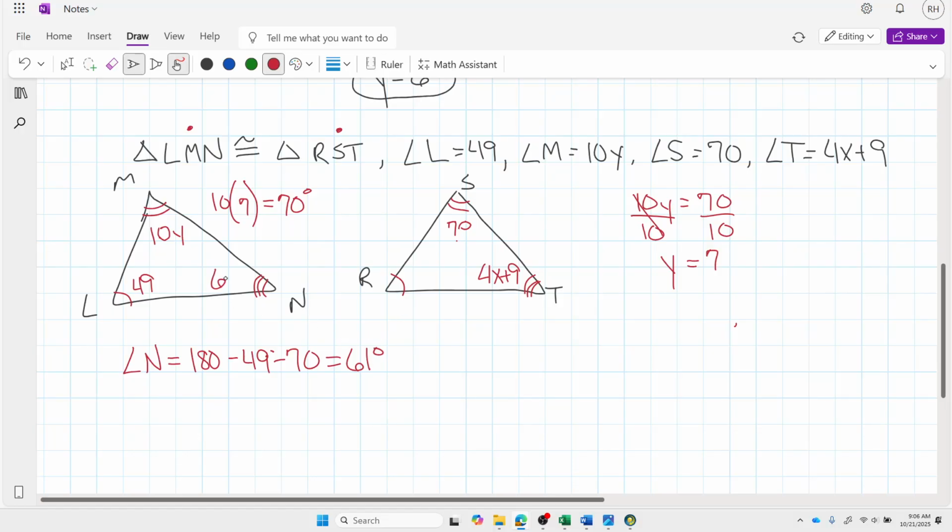So now that we know angle N is 61 degrees, we can solve for X. So this 4X plus 9 is equal to 61.